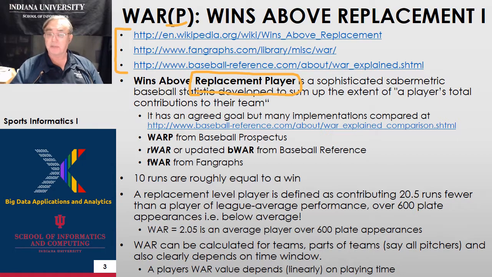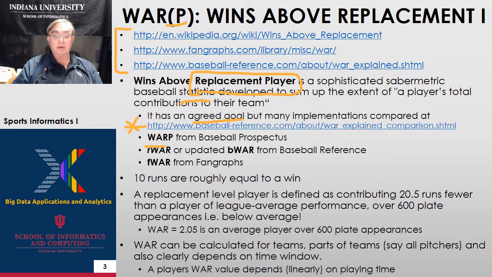And it's a pretty sophisticated statistic, which is still being developed because there are many different formulae. And the goal of it is clear. It's what I said. We need to know how many wins a given player is responsible for. And there are many different implementations. They're compared here at this website, baseballreference.com.